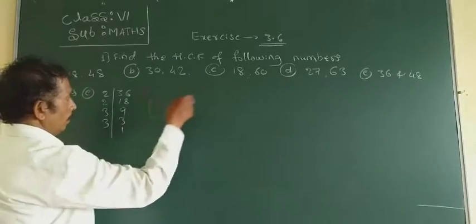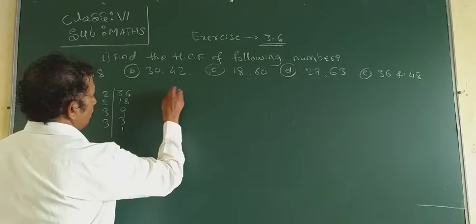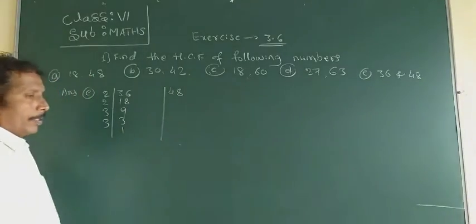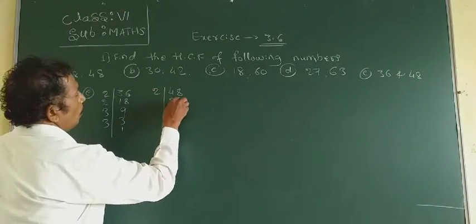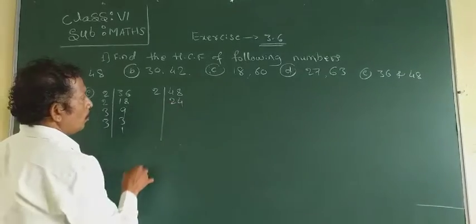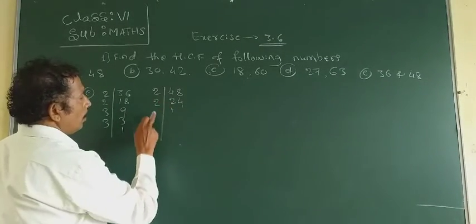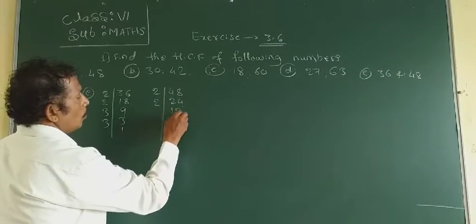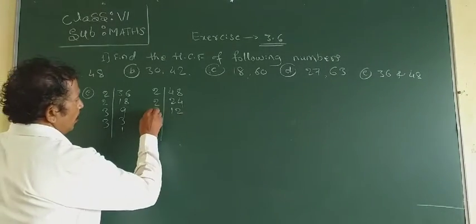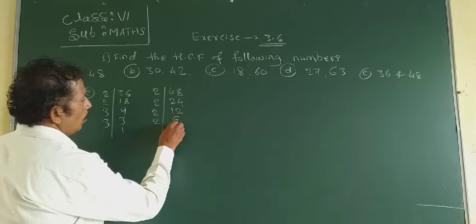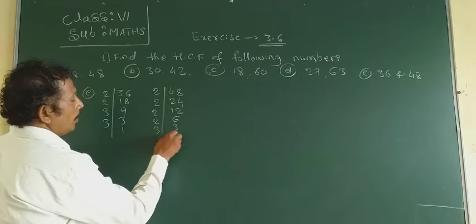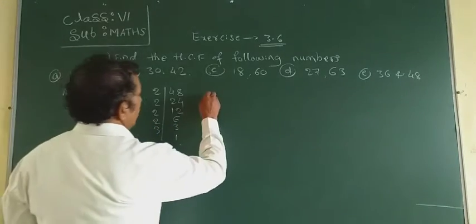Take the second number 48. Divide 48 by the first prime number 2. 2 24s are 48. Once again divide by 2, 2 12s are 24. Once again divide by 2, 2 6s are 12. Once again by 2, 2 3s are 6. Next divide by 3, 3 1s are 3.